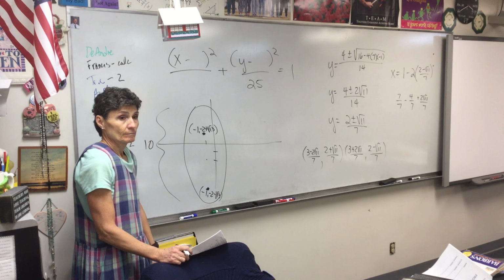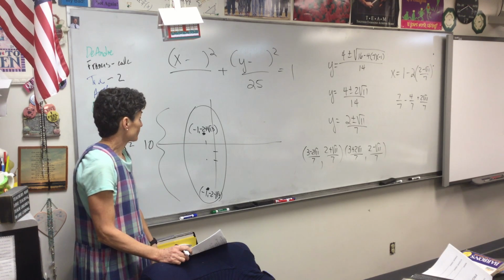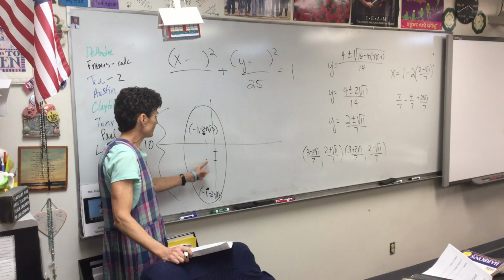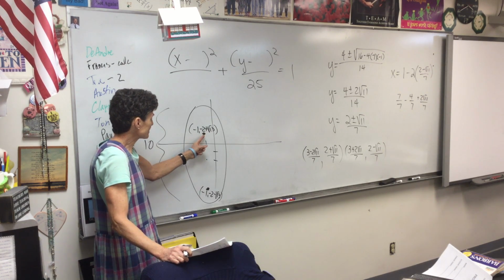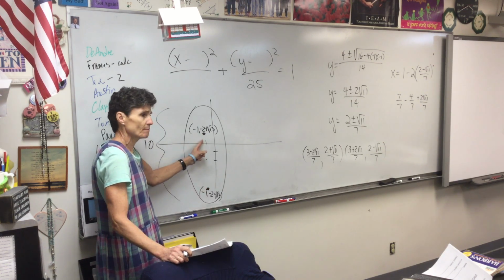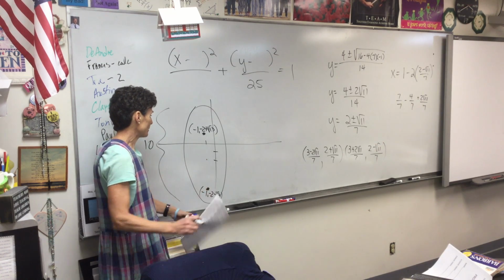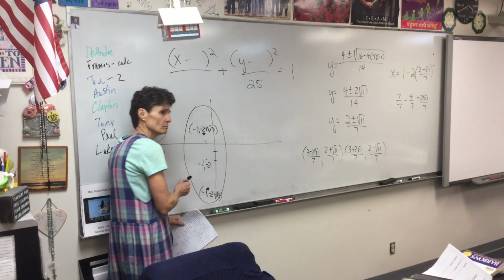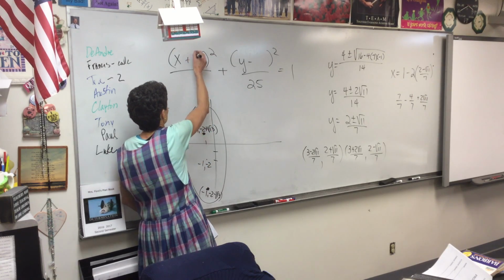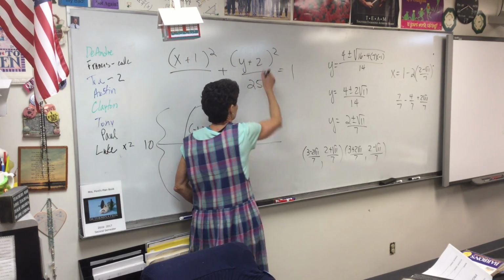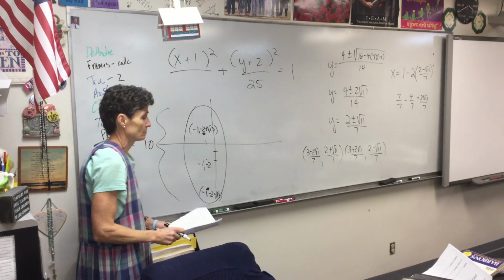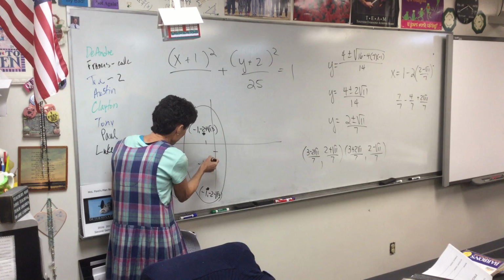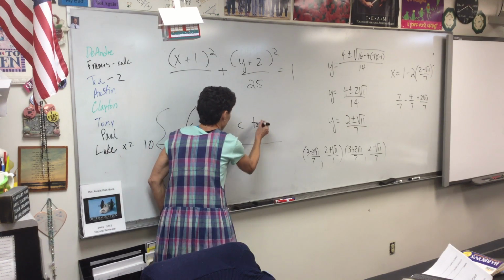You can put 12. Is it 12 under? No. I don't know, but because 13. Let's get the center taken care of. Isn't the center going to be the midpoint of these? Yeah. Where's that center going to be? -1, -2. So x plus 1, y plus 2. Now, how far up and down did I go, center to focus?